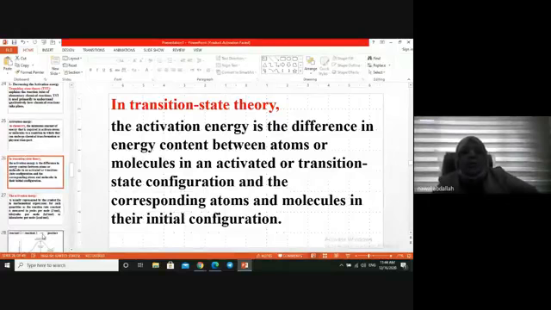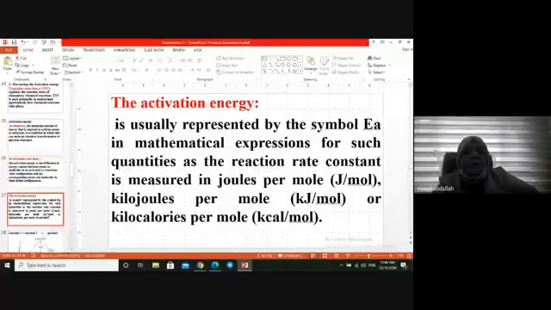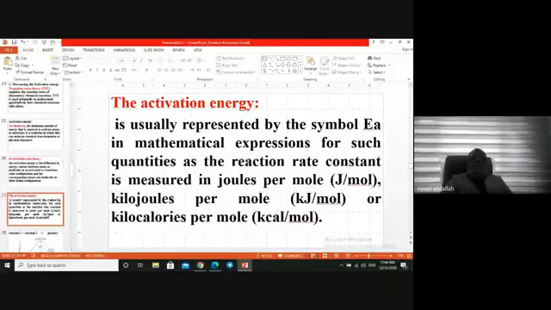Activation energy is usually represented by the symbol Ea in mathematical expressions for quantities such as the reaction rate constant, and is measured in joule per mole, kilojoule per mole, or kilocalorie per mole.